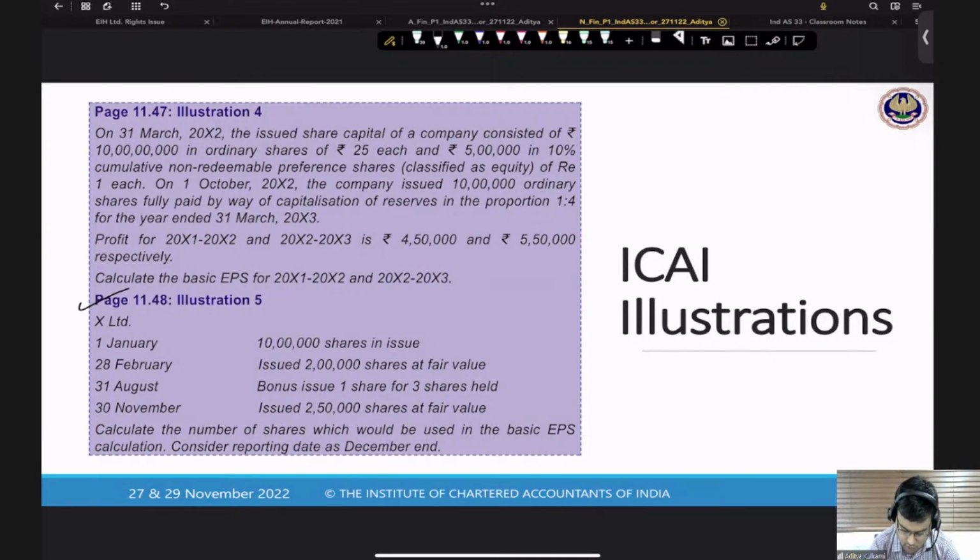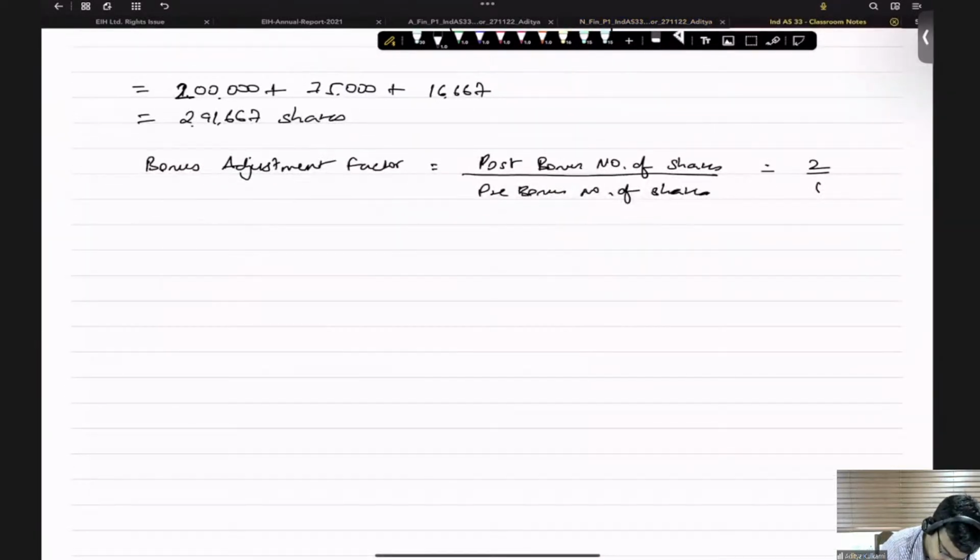Calculate the number of shares which would be used in the basic EPS calculation, considering the reporting date as year end.